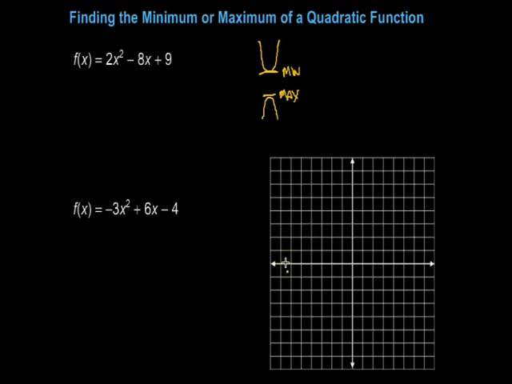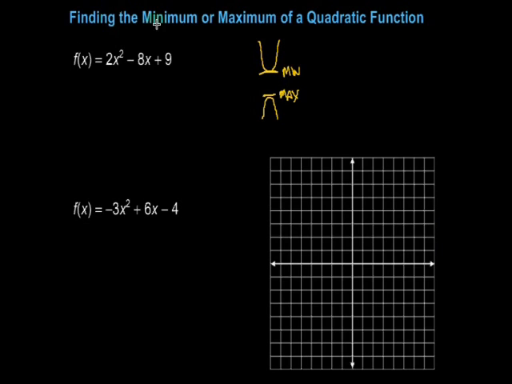There are going to be no larger values that can come out of that function. So, how do we find it? Well, what is that special point that is at either the bottom if it opens up or the top if it opens down? That's our vertex. And the minimum or maximum is going to be the y value at the vertex.